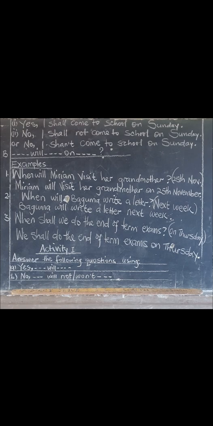Example of structure number 2. The structure number 2 says dash dash will dash dash on dash. It is also a question. Examples are when will Miriam visit her grandmother?